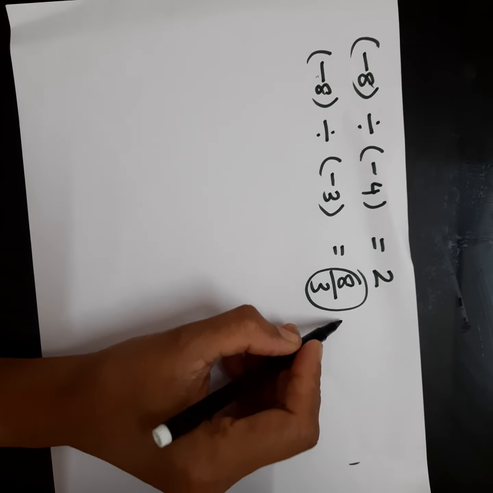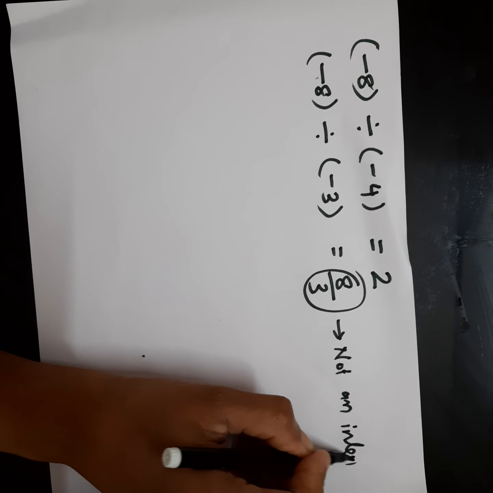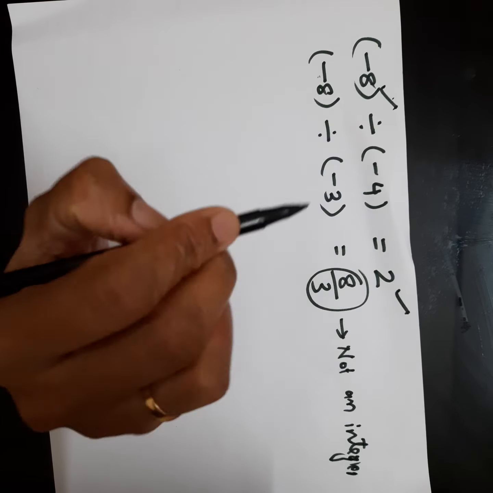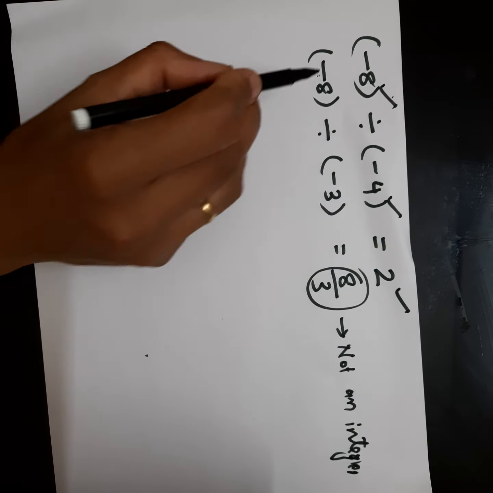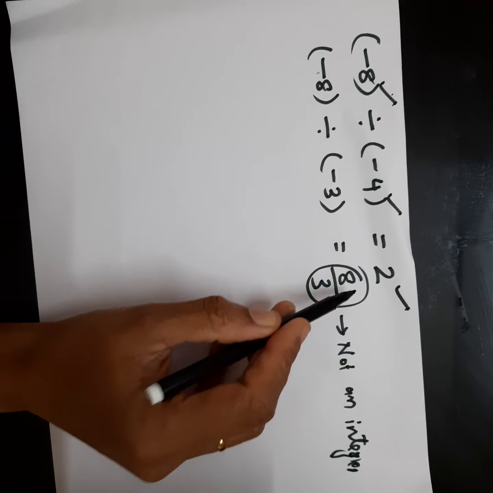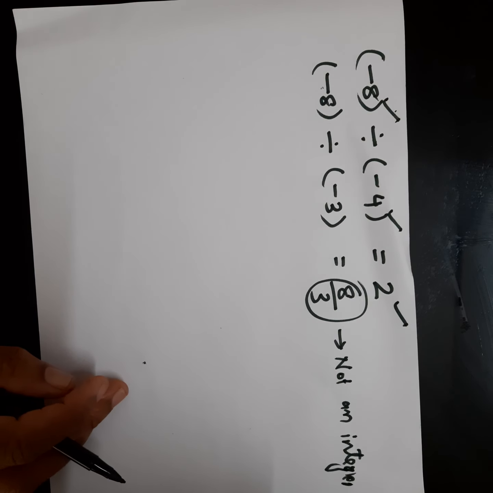No, it is not an integer. Minus 8 is an integer, minus 4 is an integer, and the quotient 2 is also an integer. But in this case, minus 8 is an integer, minus 3 is an integer, but 8 by 3 is not an integer. That means division is not closed for integers. Integers are not closed under division.